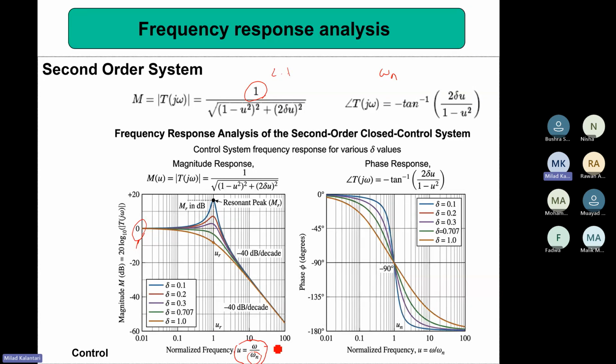So here we define this ratio. Once we reach the frequency next to omega n, depending on that delta, which shows the overshoot or overdamping and other things, we have this kind of curvature close to omega n, right?